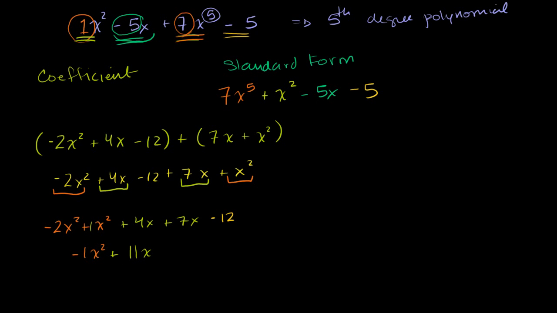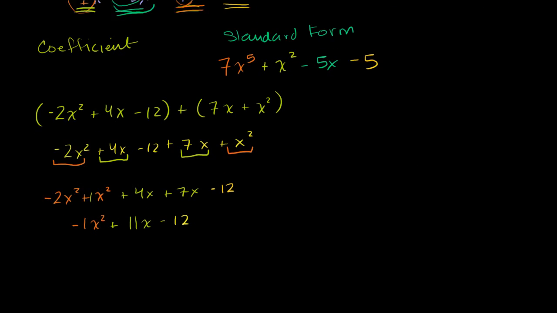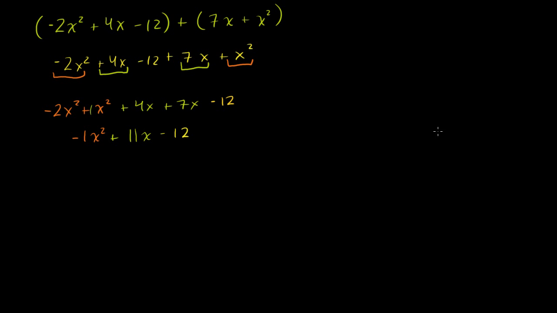And then I finally have my constant term, minus 12. And I end up with a 3-term second degree polynomial. The leading coefficient here, the coefficient on the highest degree term in standard form, it's already in standard form, is negative 1. The coefficient here is 11. The constant term is negative 12. Let's do another one of these examples. I think you're getting the general idea.